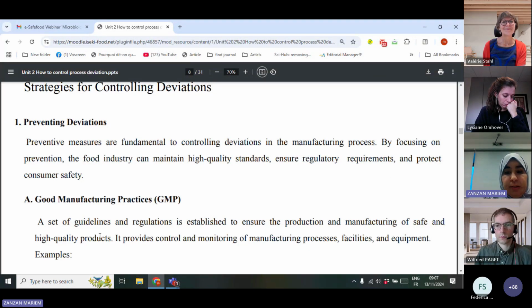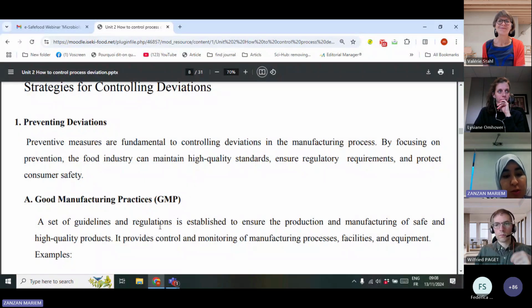It provides control and monitoring of manufacturing processes, facilities, and equipment. By implementing good manufacturing practice, companies can minimize risk associated with production deviations, ensuring that processes align with the safety and quality requirements.